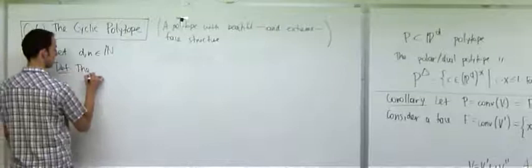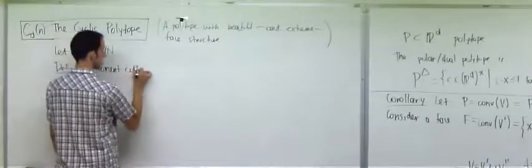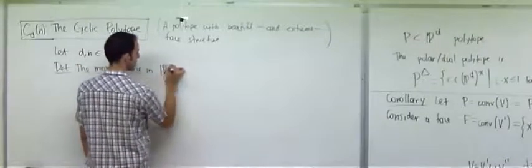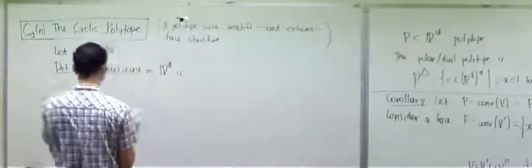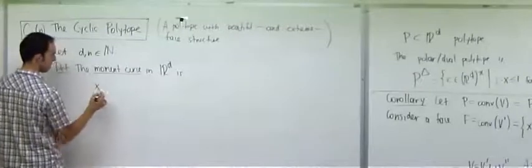The moment curve in R^d is the following thing. It is given by the image of this map.